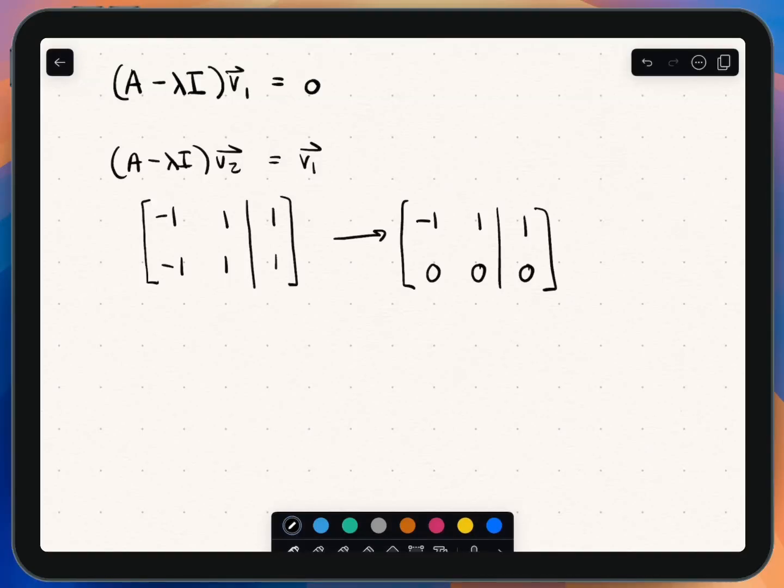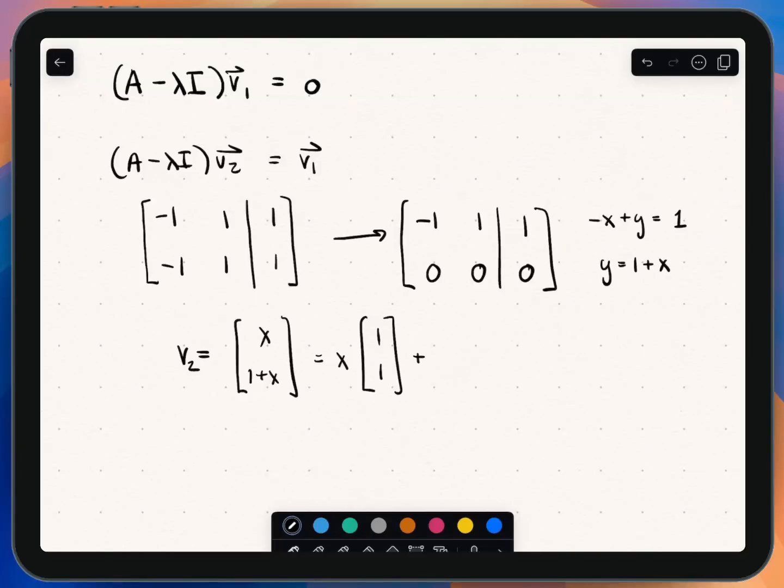From this top row, we say that -x plus y is equal to 1, which means that y is equal to 1 plus x. Then we can say that v2 is going to be (x, 1 plus x), which is just going to be x(1, 1) plus (0, 1). And then I can set x to be whatever I want, so I might set it to 0.